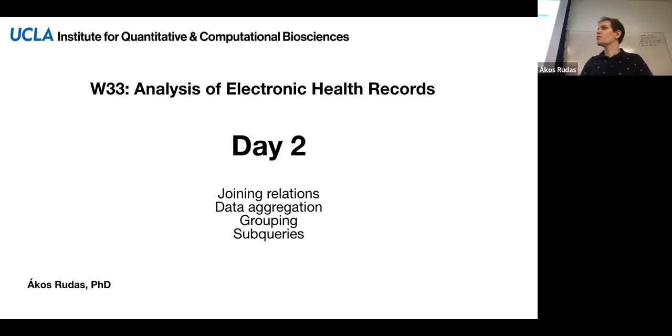But it's not counterintuitive because Ann can have several encounters. Okay, but the encounter IDs for both of her encounters are unique. So we can identify her first encounter by the ID field in the encounters table, or we can identify the second one. Okay, so the new term here is the foreign key. And we will work a lot with these.